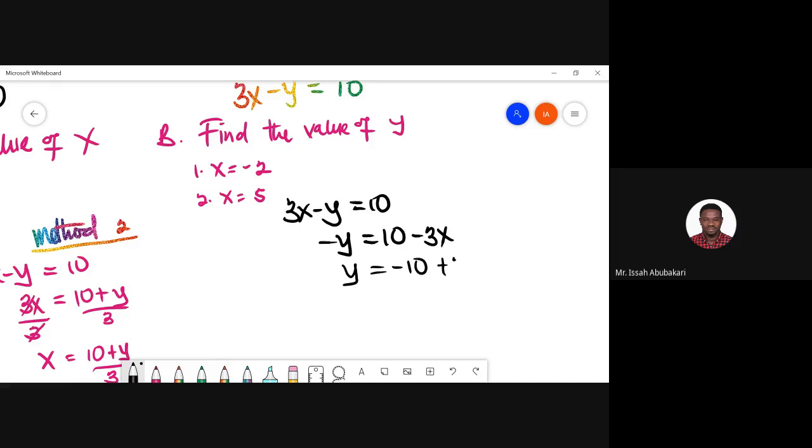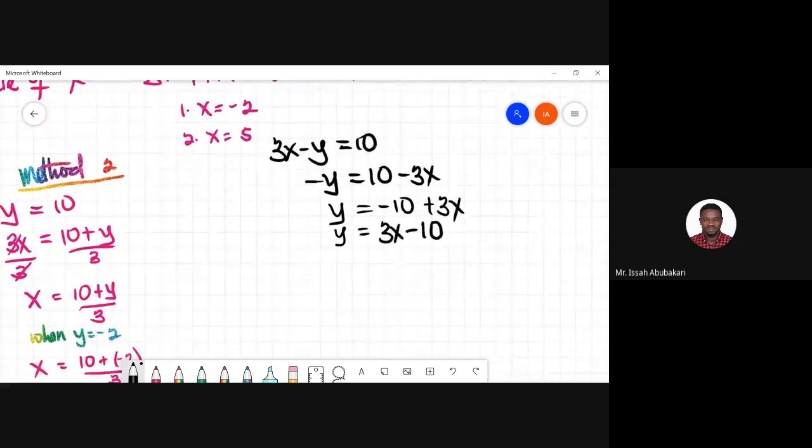And we can also write this one as y is equal to 3x minus 10. Please, is that okay? It's the same, just rearrange the terms. All right. Now let's solve for our x, number 1 and number 2.